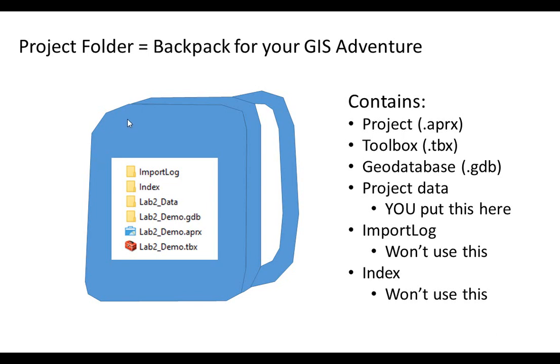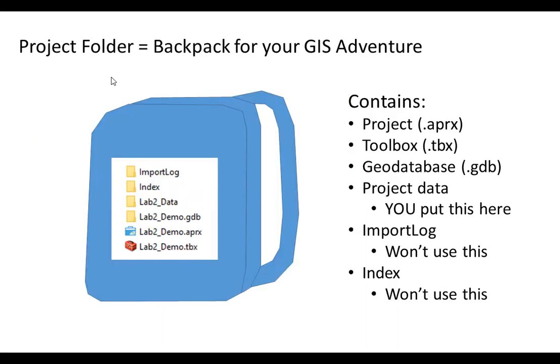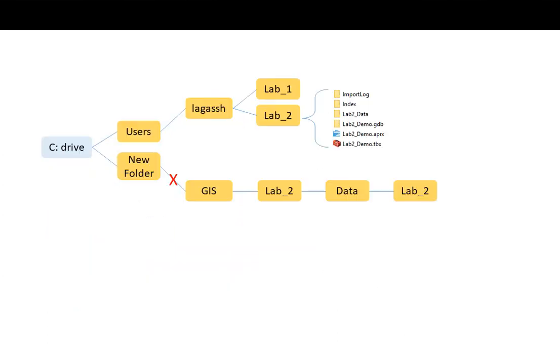So I like to think of the project folder, which would be, for example, this folder here, as a backpack. So every time you move to a different computer, you need to take your entire project folder. And again, that would be this lab folder that I had created.